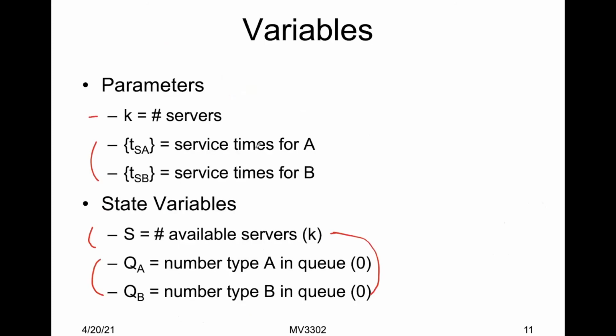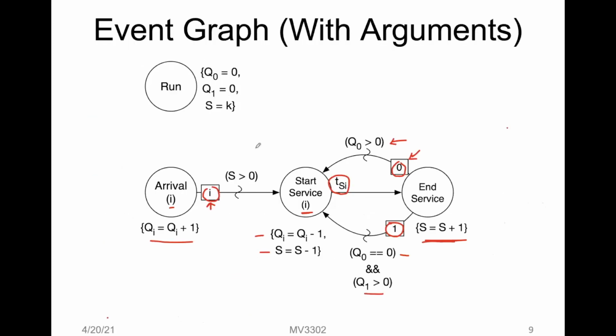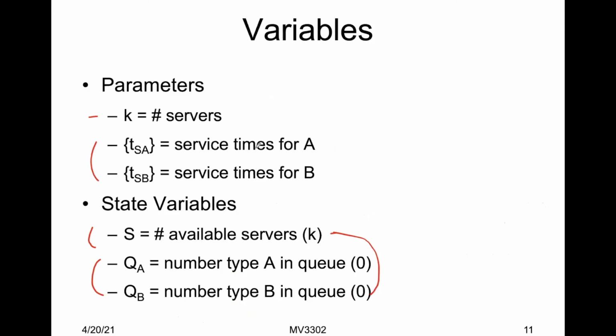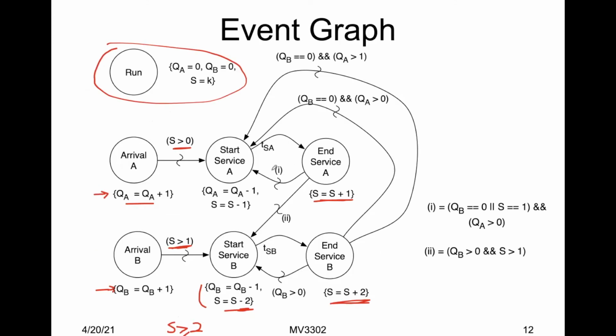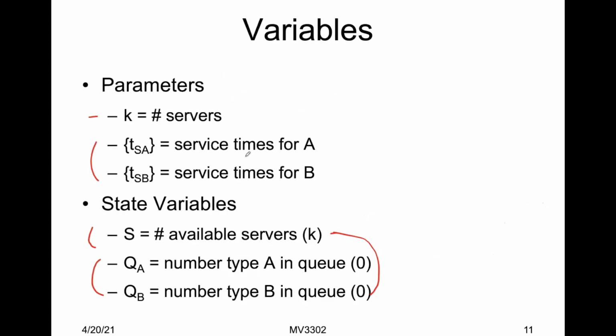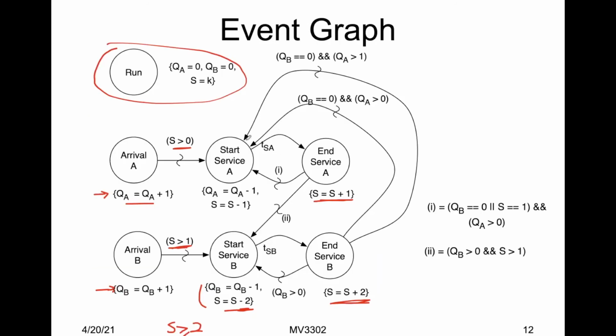Okay, so let's look at our starts. Now let's look at the scheduling edges. If we focus very carefully, we see that a start service on A is just going to schedule an end service.